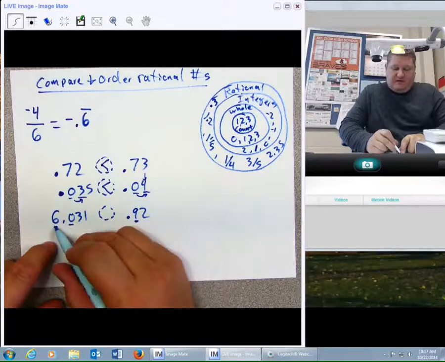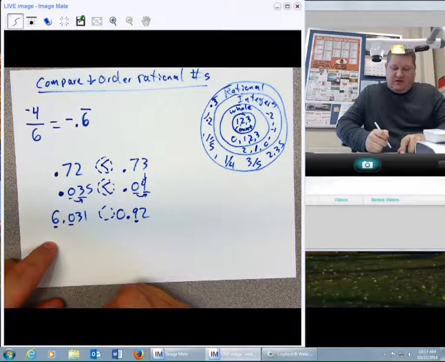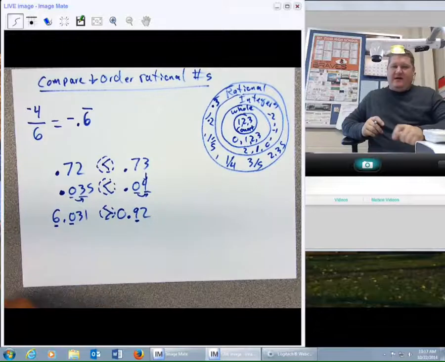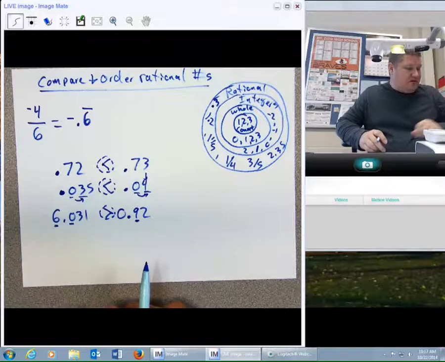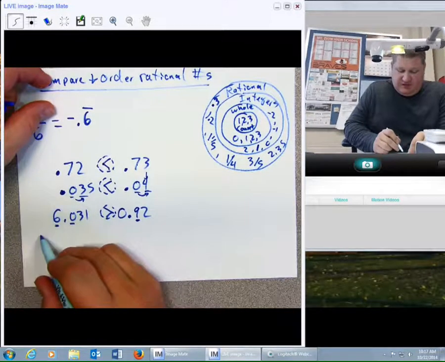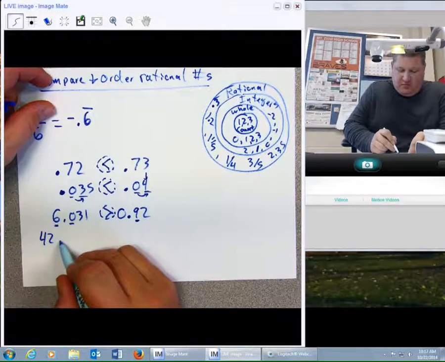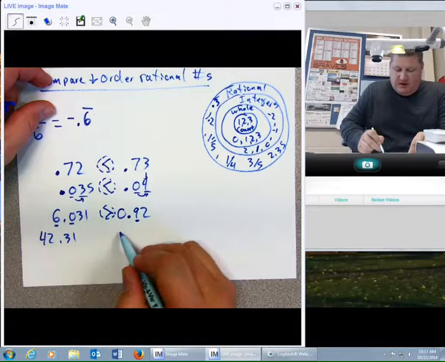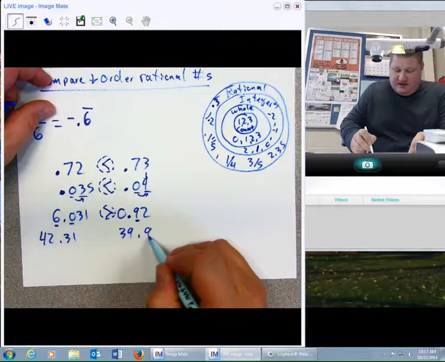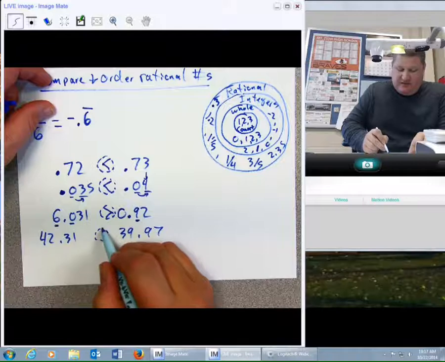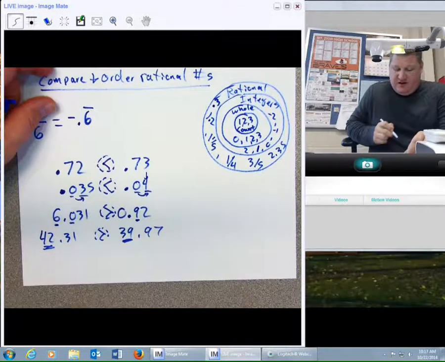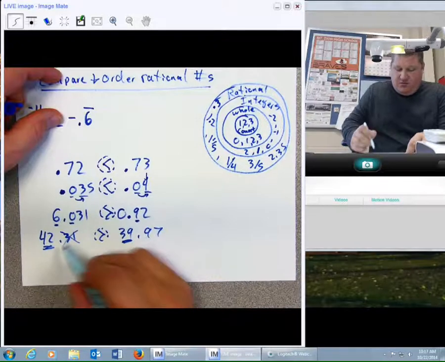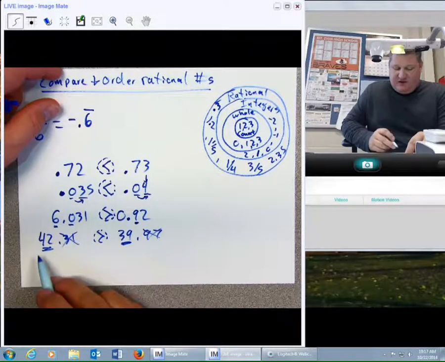Since this has nothing in the 1 spot, and this has a 6, this is way bigger. So if we try to deal with decimals, 42.31 and 39.97, it's obvious this is going to be bigger because 42 is bigger than 39. We don't really care what the decimal is because the whole number is much bigger.